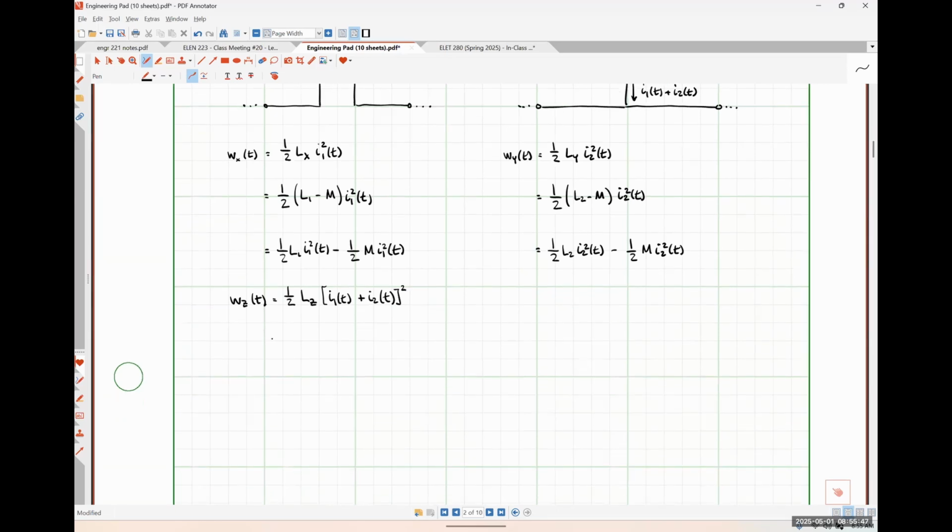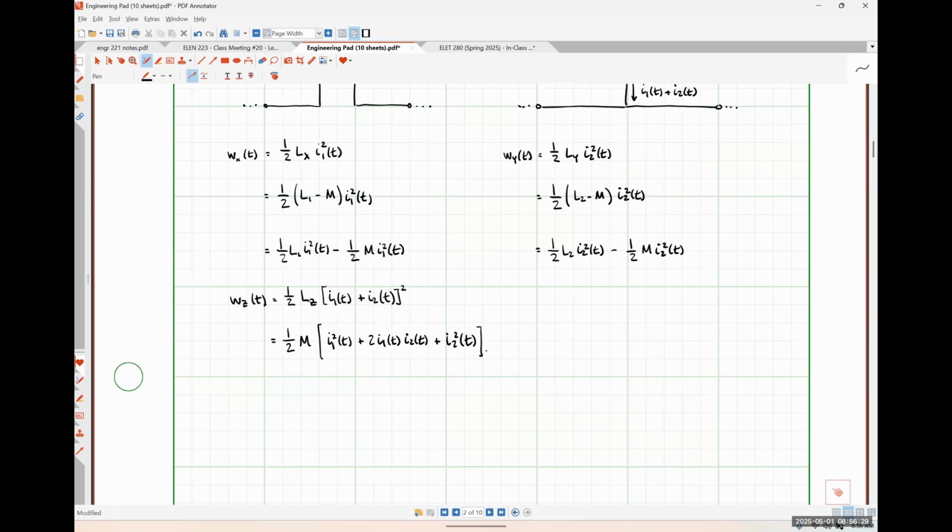Well, we know that L_z is simply M. So that's going to look like 1/2 M. And now I'm going to FOIL this thing out, right? So I'm going to have a factor of I1 times I1, so that's going to look like I1 squared. Then I'm going to have twice I1 I2. And then lastly, I'm going to have I2 squared, like so.